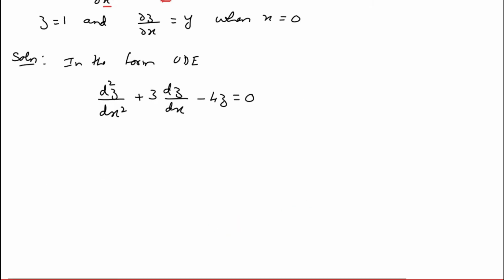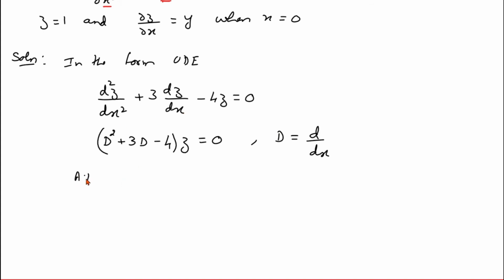If you write in the form of the operator, it becomes D square plus 3D minus 4 times z is equal to 0. This D is nothing but d by dx, because here the independent variable is x.